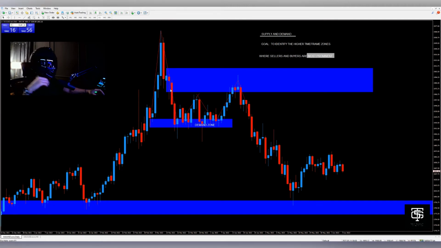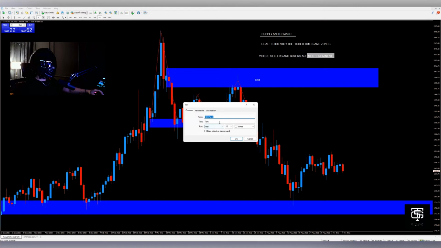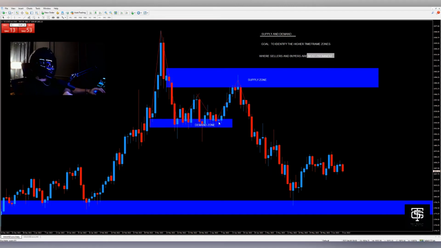And as soon as price closes as a bearish candle, that becomes my supply zone. So I want you guys to practice this today. Practice marking your supply and demand zones. This is when an engulfing sell meets an engulfing sell, you would get a supply zone.